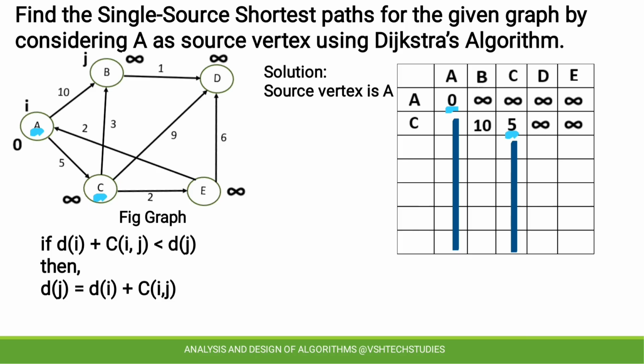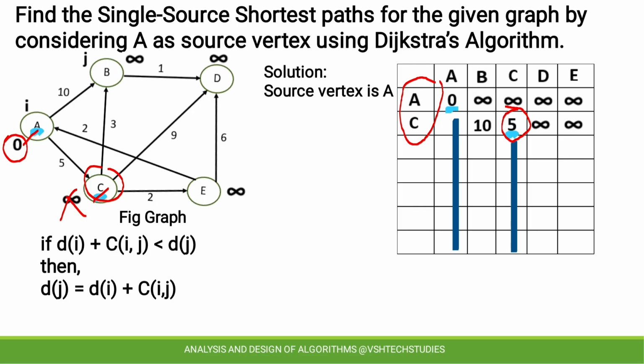Now what is the status of solution so far? A and C are the nodes that are added to the visited nodes list. Hence A and C nodes are marked in the graph. Distance of A with A is 0. Distance of C with A is, see the table which is marked with blue, that is 5.